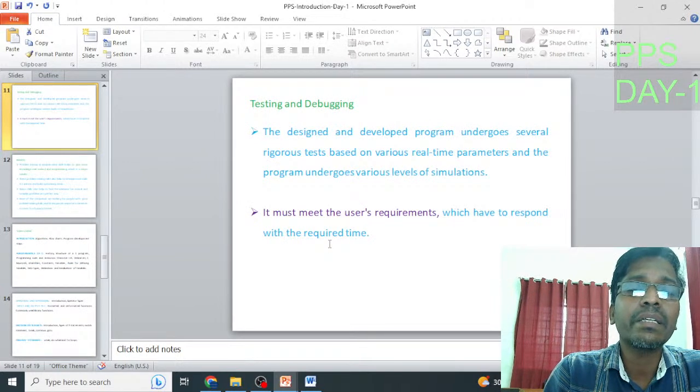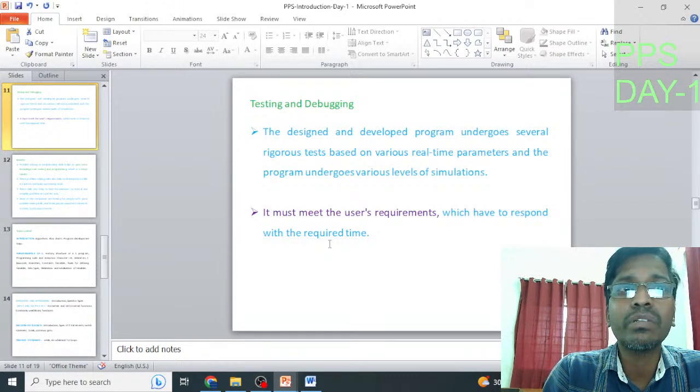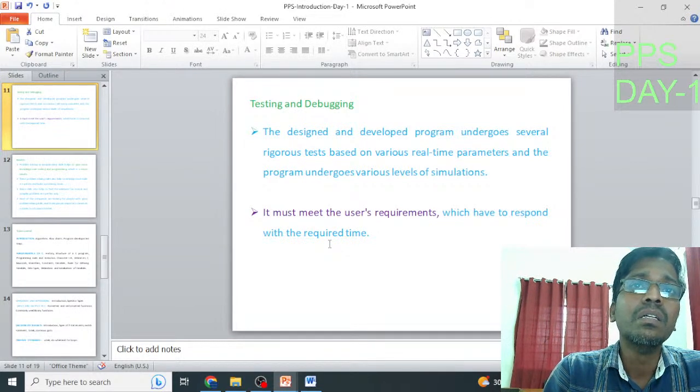And after writing the algorithm and converting your algorithm into code, then you can go for testing and debugging of your program, like our daily writing of programs.